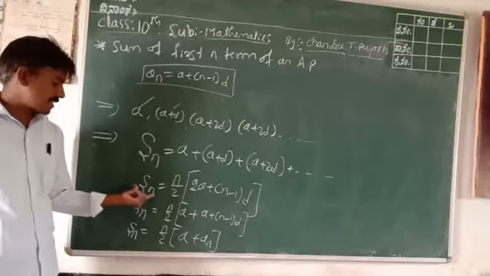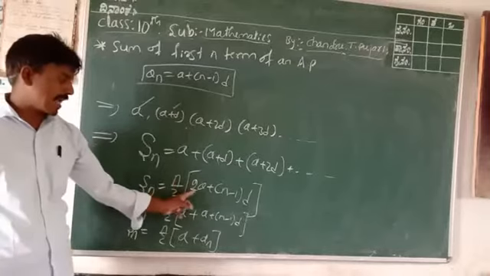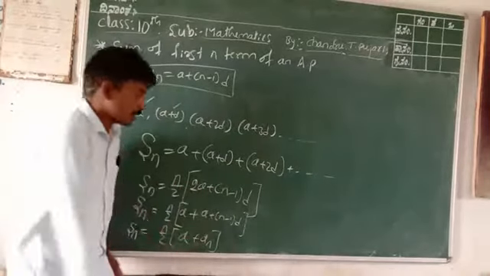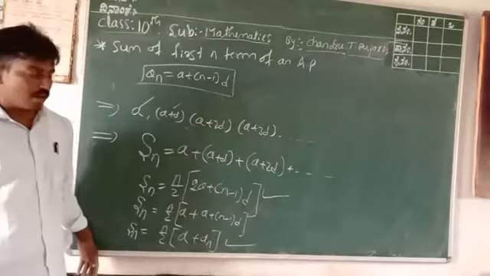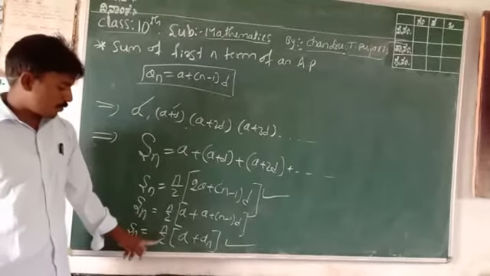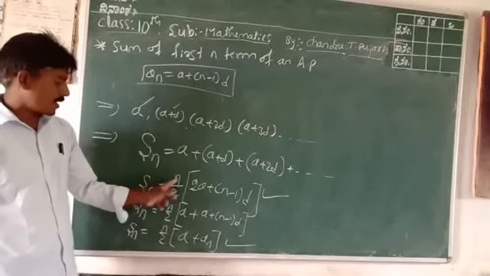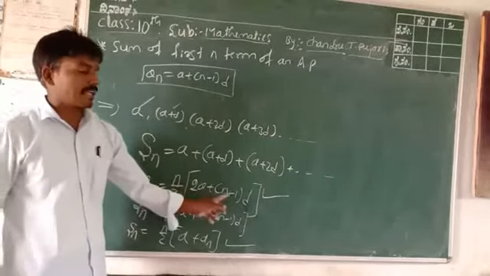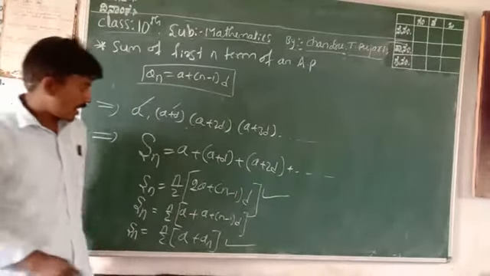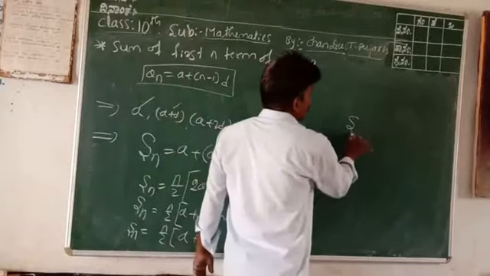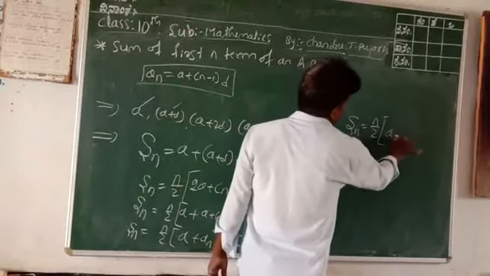Sum of arithmetic progression: Sn is equal to n by 2 into the bracket of 2a plus (n minus 1) into d. This is the same as before. Therefore Sn is equal to n by 2 into the bracket of a plus an, or Sn is equal to n by 2 into the bracket of 2a plus (n minus 1) into d, or Sn is equal to n by 2 into the bracket of a plus l.